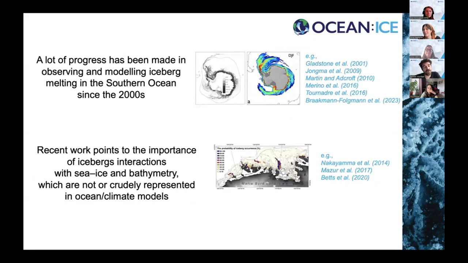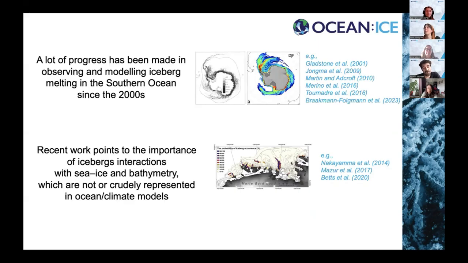And then also a lot of progress has been made in parallel with the modeling of iceberg melting in the Southern Ocean, I would say since the 2000s approximately. First, this has been the development of Lagrangian iceberg models and the development also of satellite observations of icebergs and methods to get useful products.